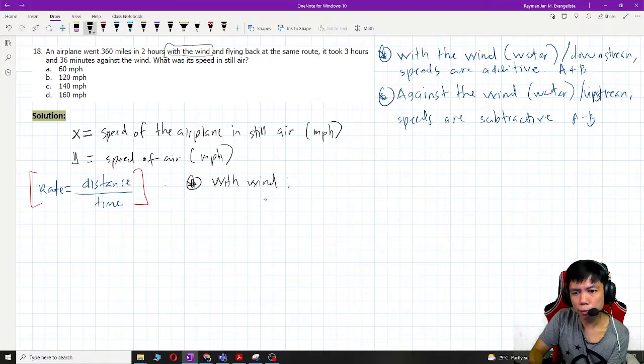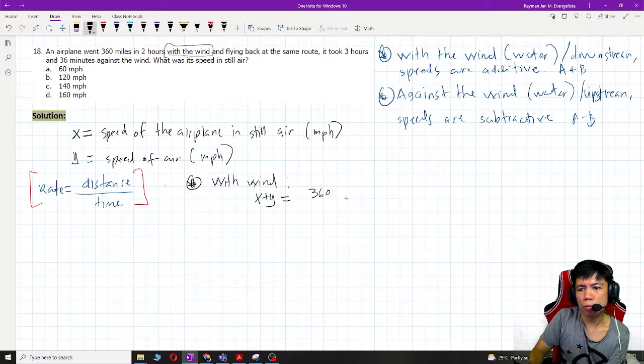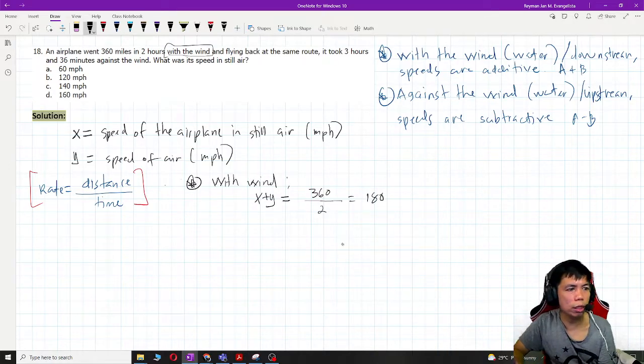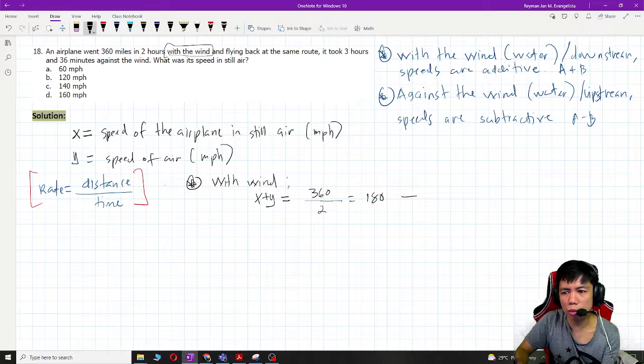The distance is 360 miles over the time of 2 hours, so that is 180. So x plus y is equal to 180. This will be your equation number 1.